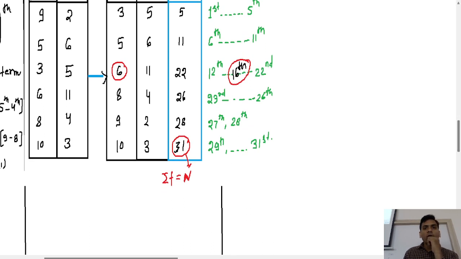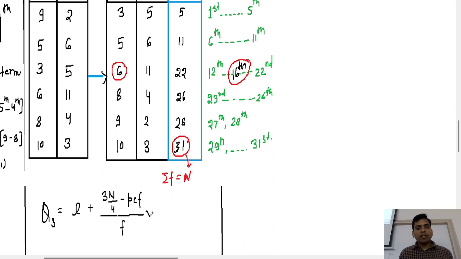Q3, again. So we can write the formula for Q3: L plus 3n upon 4 minus PCF, upon f, into i. This is the formula for the third quartile. Okay, fine. This is not continuous data.